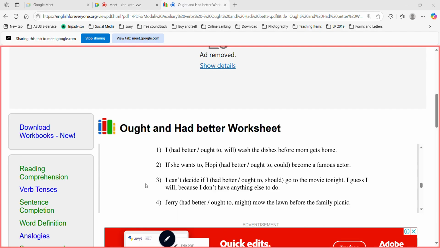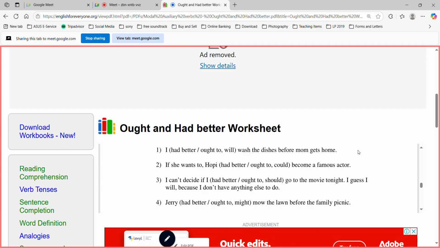Ought to. Okay, in this situation, wash the dishes before mom gets home. So please take a look at this phrase: before mom gets home.